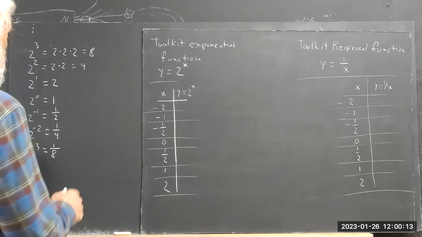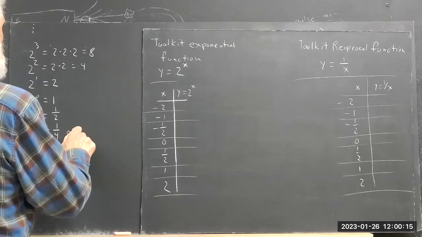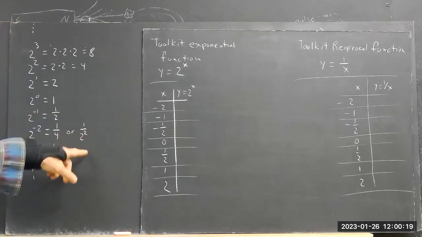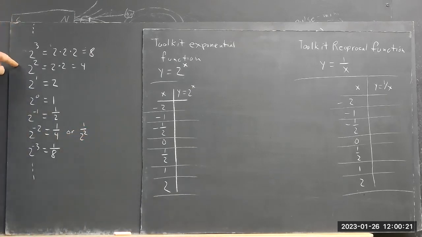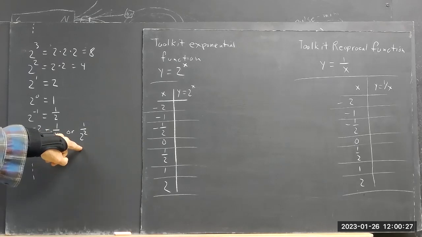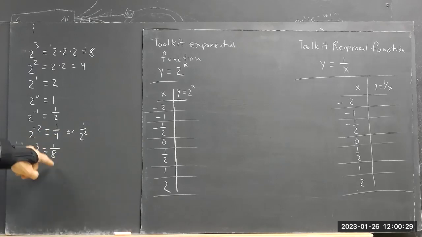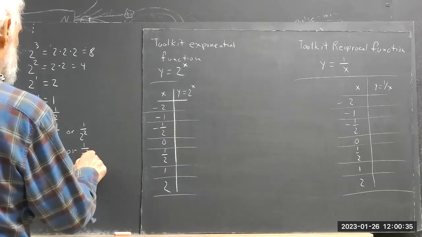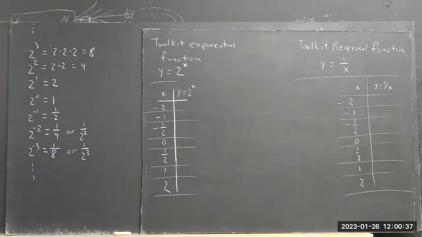1/4 is 1/2 squared. Here's 2 squared. It's 4. Here's 2 to the negative 2. It's 1/4, which is 1/2 squared, right? And 2 to the negative third is 1/8, or 1/2 cubed.